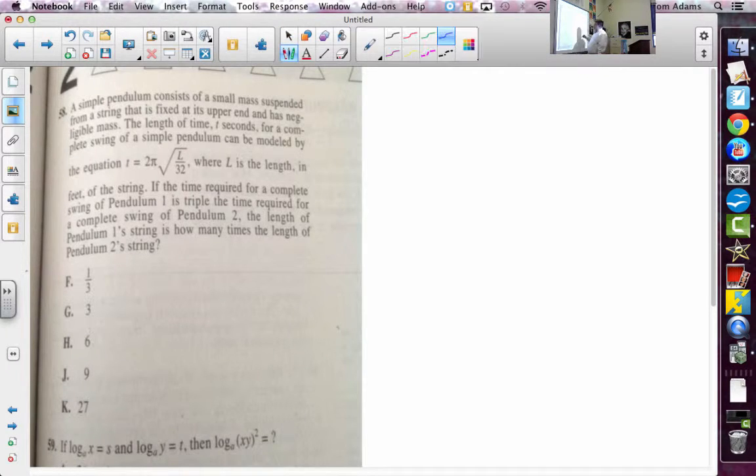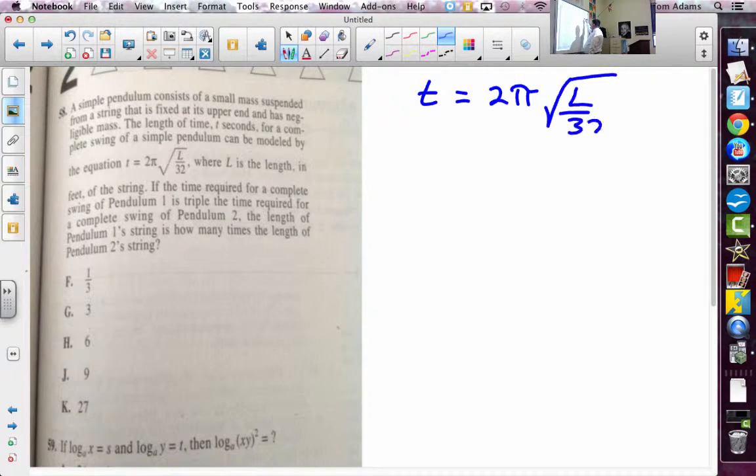Actually, what I'm going to do is take my equation and solve it algebraically for L first. So if I say 2 pi times the square root of L over 32, what would you do to get L by itself?